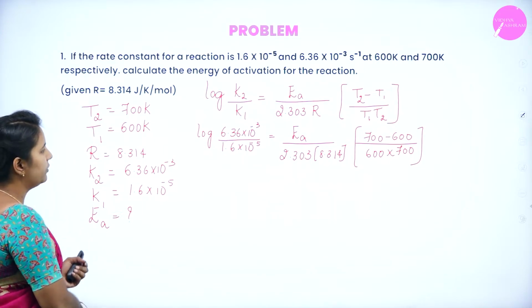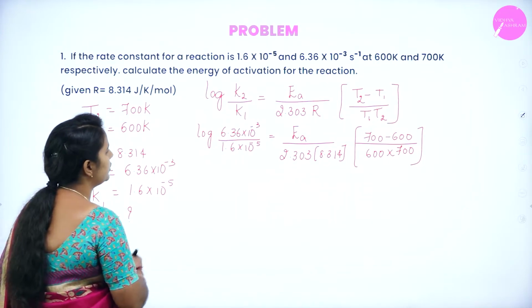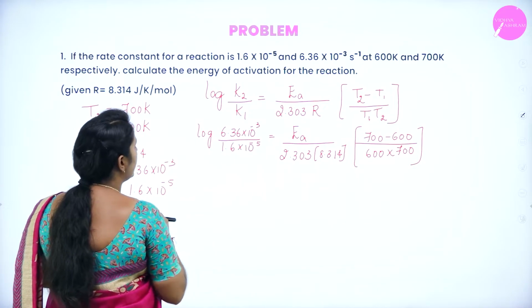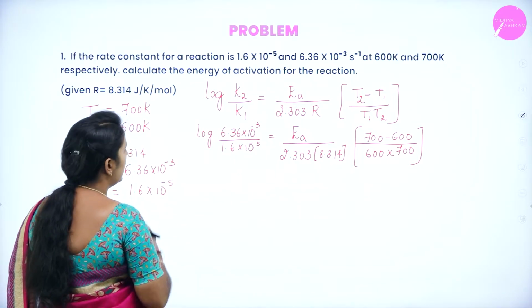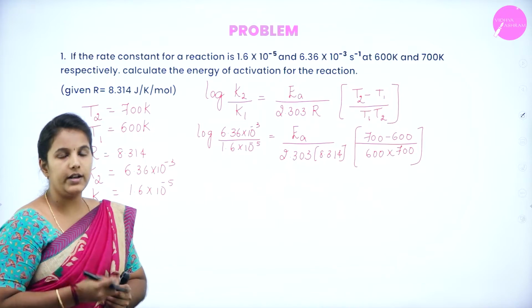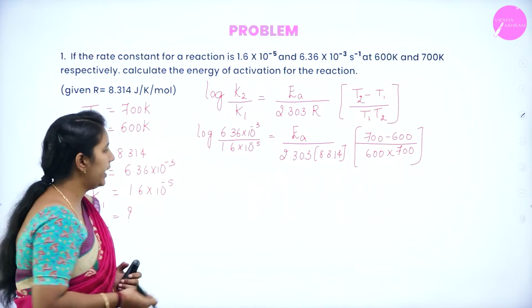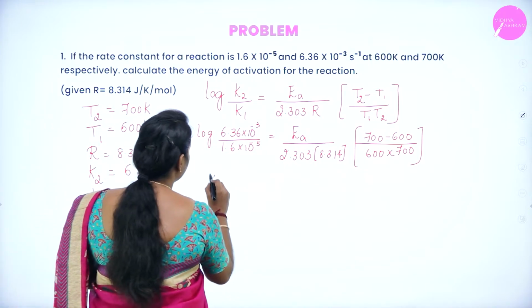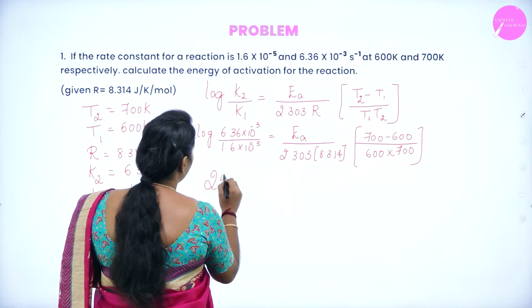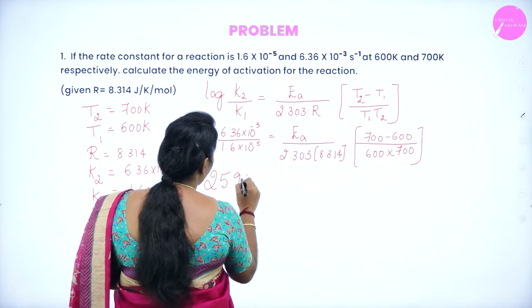Once you substitute this, now you do the division of 6.36 divided by 1.6. You will get 3.9, and if you take the logarithm of that, you will get 2.5993.